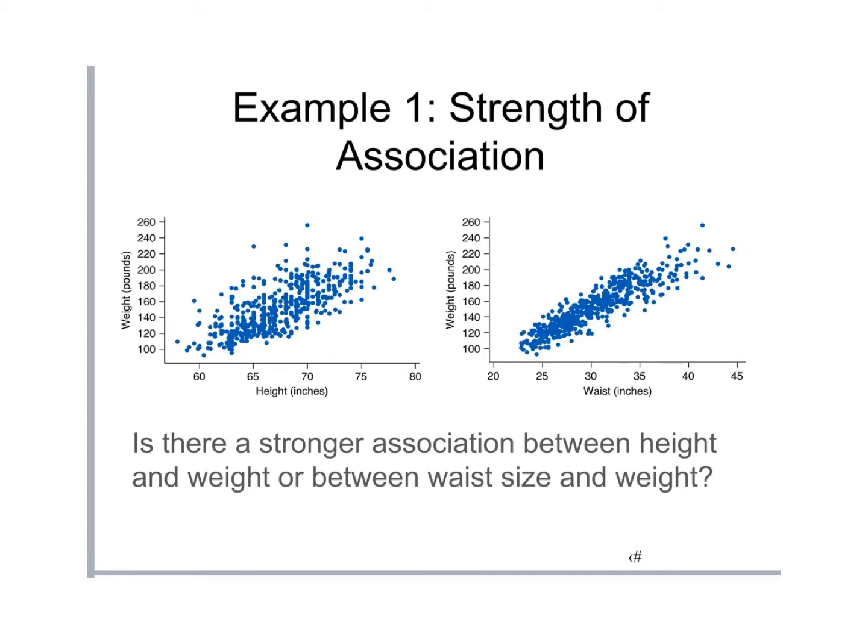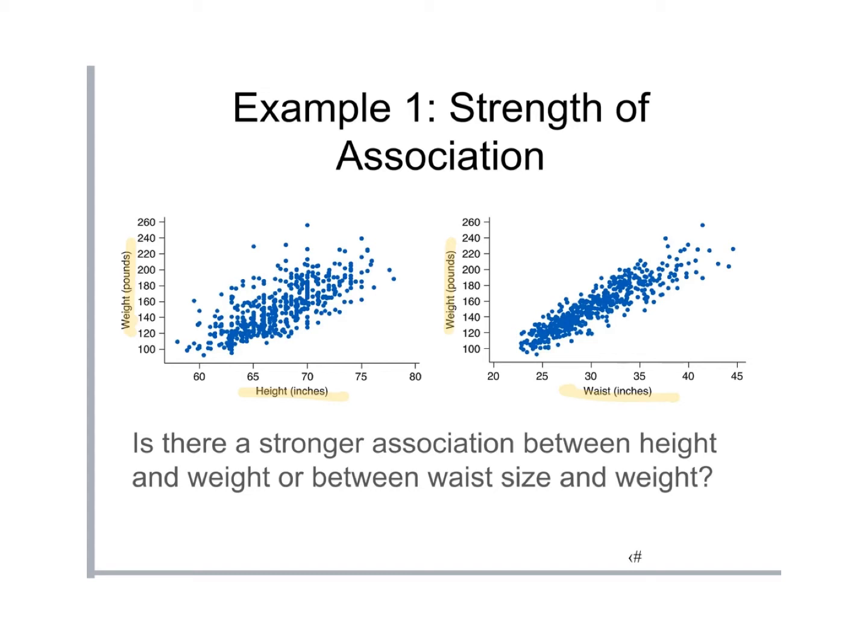So your first graph on the left, we're trying to figure out, does weight depend on height? The second graph is asking, does weight depend on your waist size? So is there a stronger association between height and weight, or between waist size and weight?